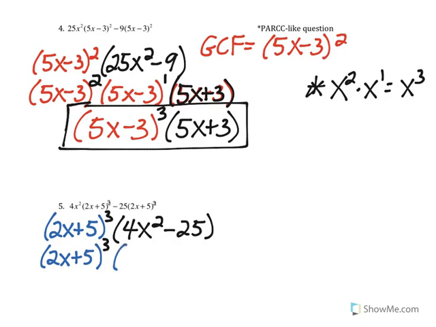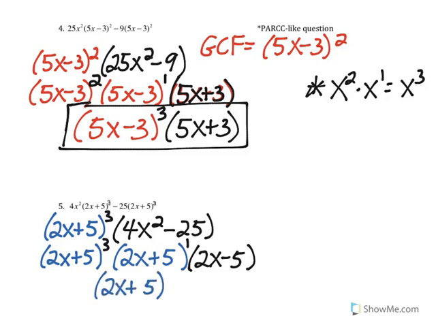So you'll get a 2x plus 5 when you factor the 4x squared minus 25, times 2x minus 5. And again, we're going to add the exponents, so we'll have 2x plus 5 to the fourth times 2x minus 5 as your final answer.